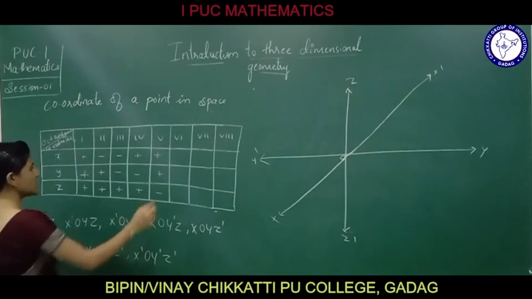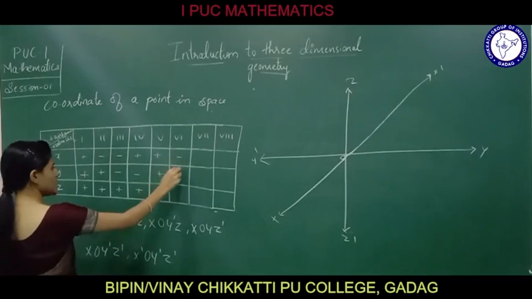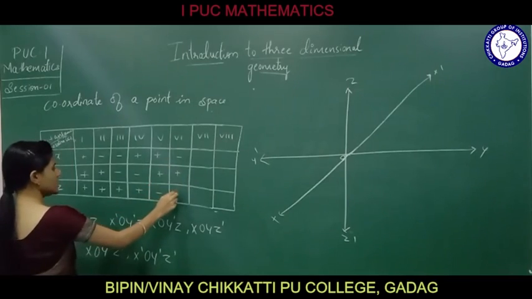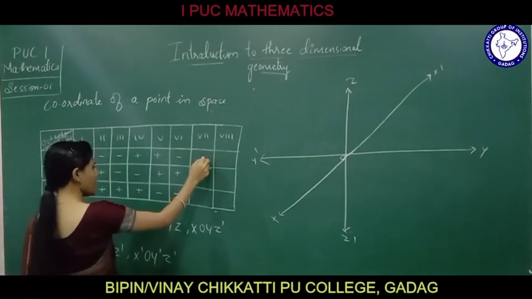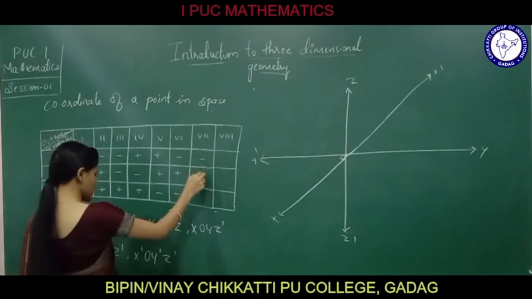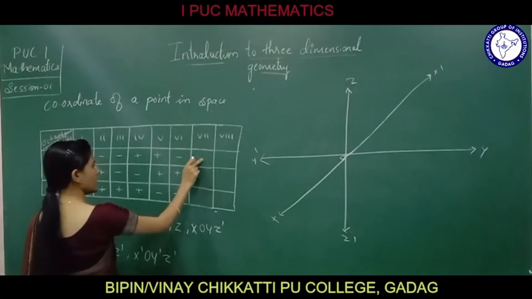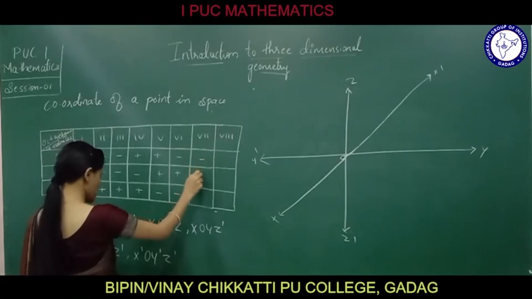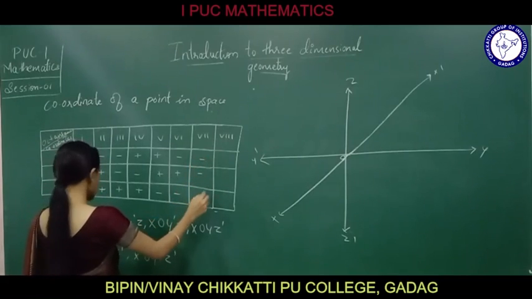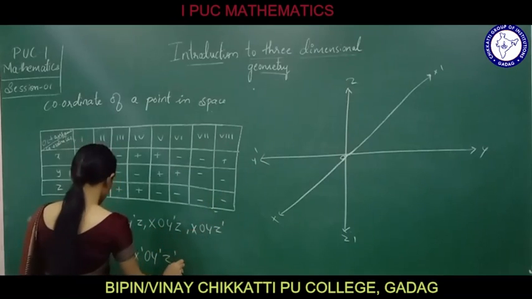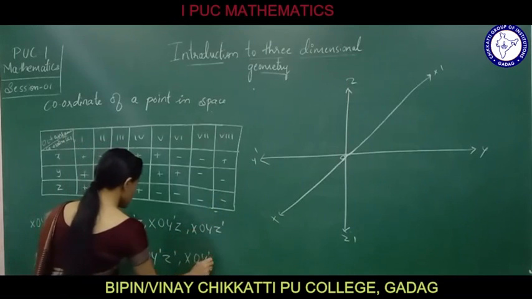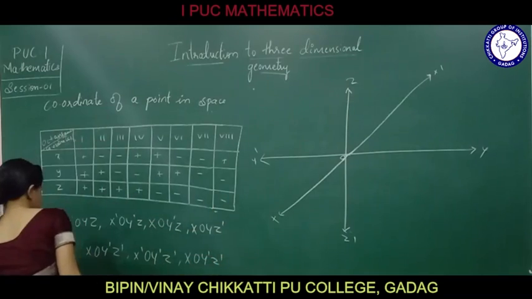Then we have X', Y positive and Z'. Then we have X', Y' and Z'. Then we have X, Y', Z'.